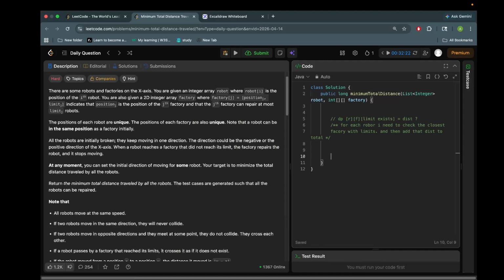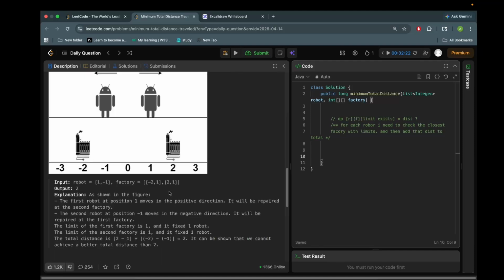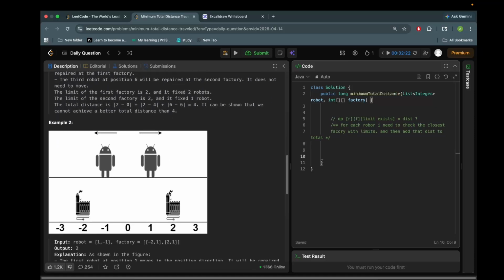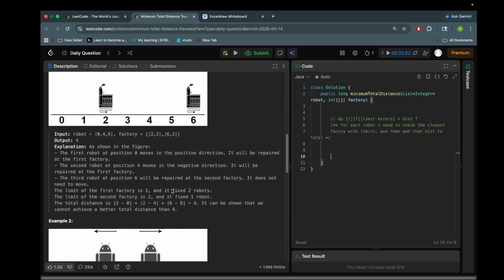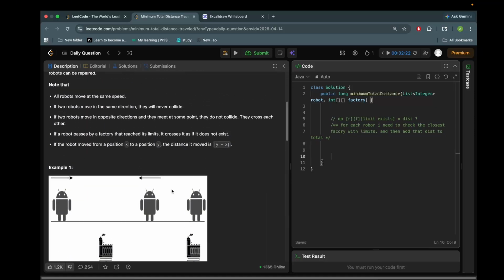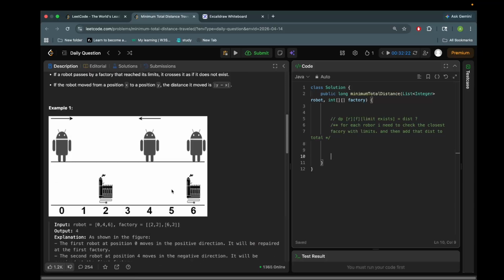Let me take example 1. I'm given robot is 0, 4 and 6, and factory is 2, 2 and 6, 2. So what do I do?